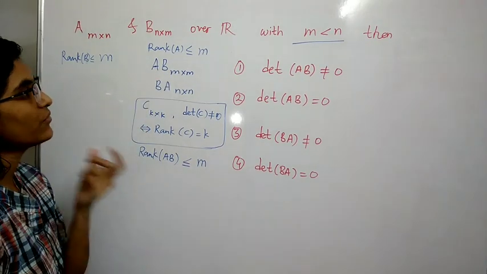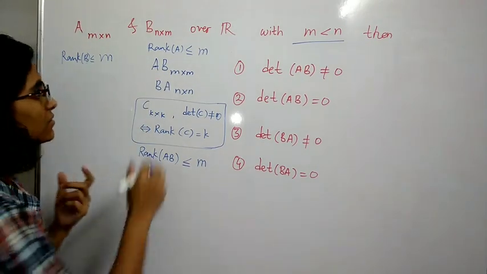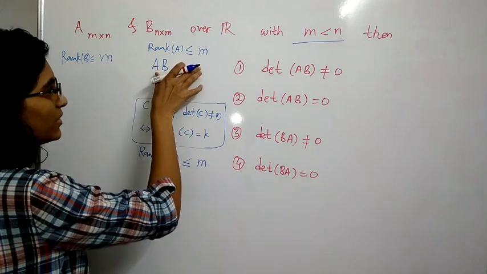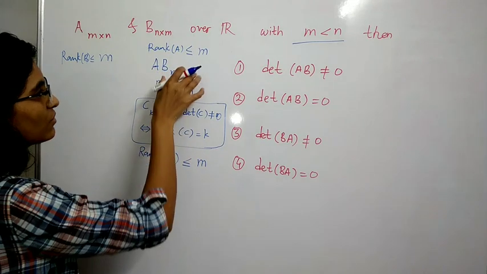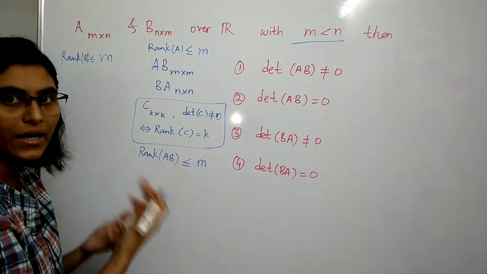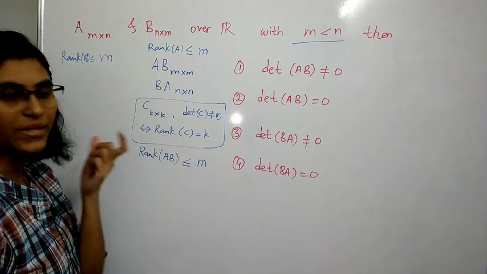From here, we cannot conclude anything, because AB is of size m by m. So rank of AB is less than or equal to m. Let us look at the matrix BA.